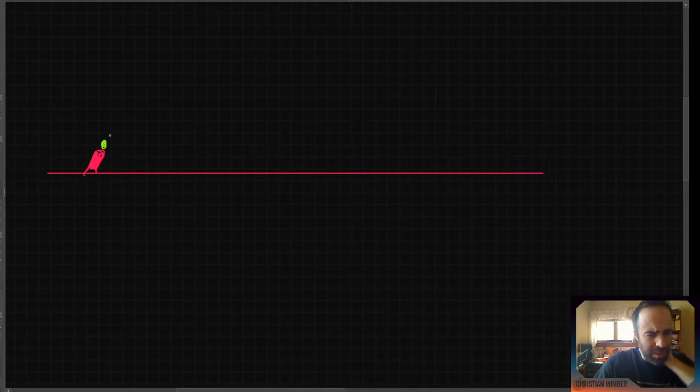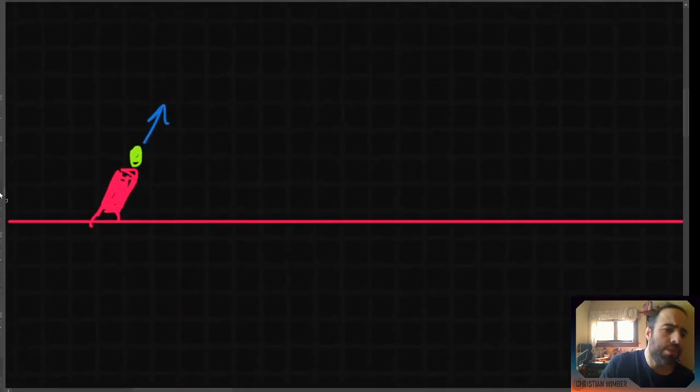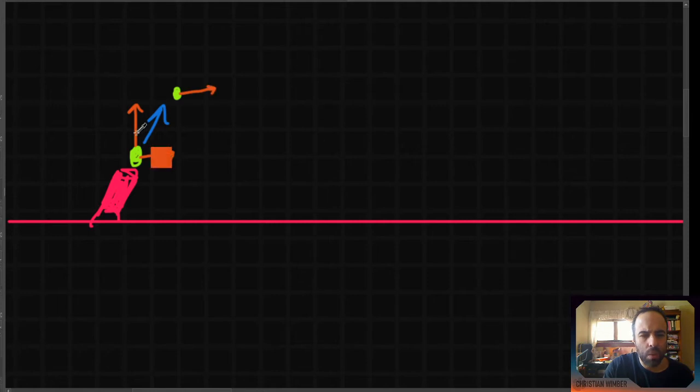This cannonball will fly out of the tube here, and it'll have some velocity. And the cool thing that we've noticed, and that we've been using to our advantage, is that this velocity is partially horizontal and partially vertical. But the horizontal part doesn't change, while the vertical one does.